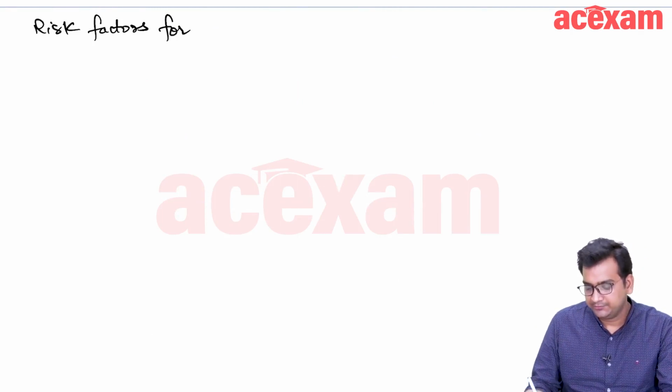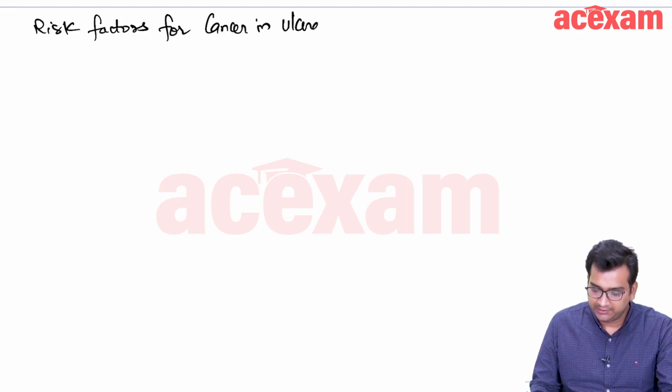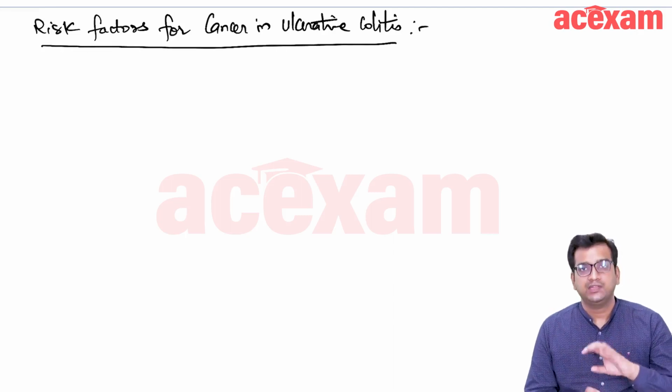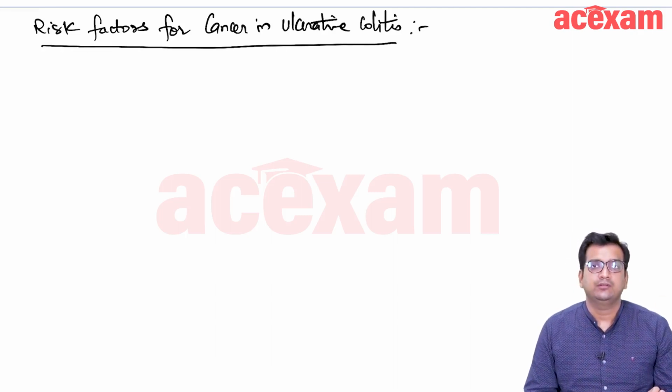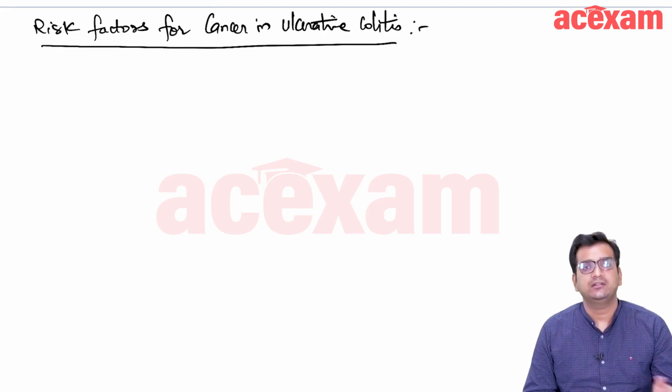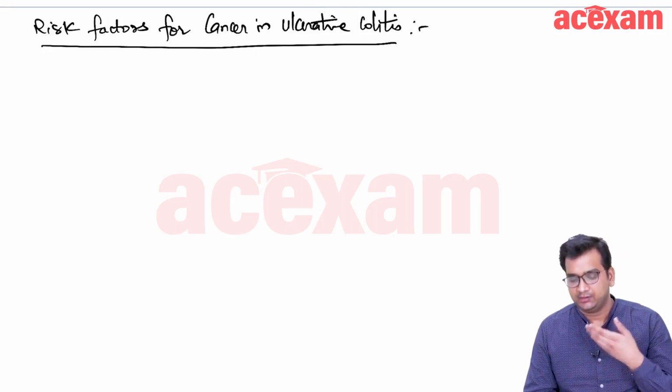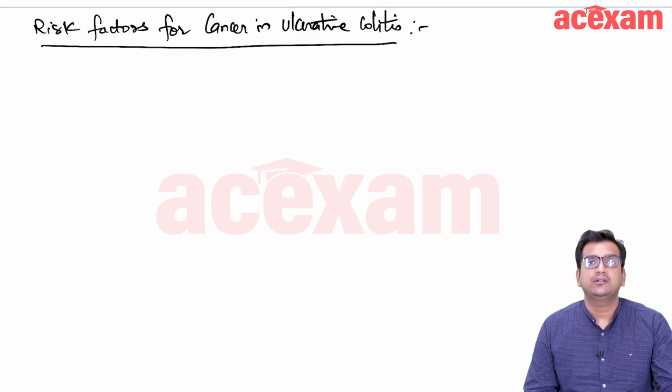Okay. Now, what are the risk factors for cancer in ulcerative colitis? Two points I've already told you. If the extent of the disease is more, for example, if it is pan colitis, then it is a high risk factor as compared to a left-sided colitis. And second thing is, if the duration of the disease is prolonged, then there is more risk of developing malignancy in ulcerative colitis.